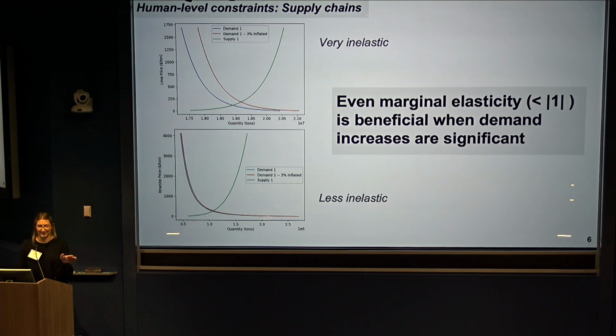Even though none of these are technically elastic, even marginal elasticity is beneficial when demand increases are significant because of the shape of these curves and the way that an increase in price results in a more significant drop in demand for more elastic materials.